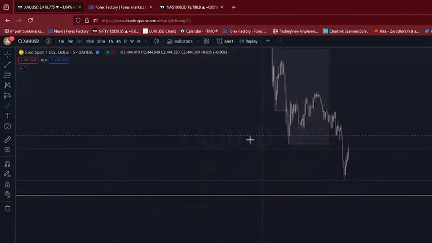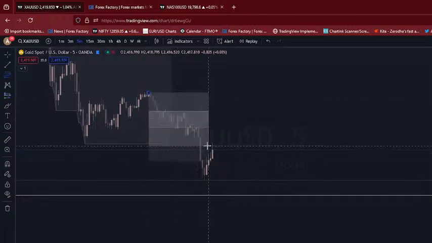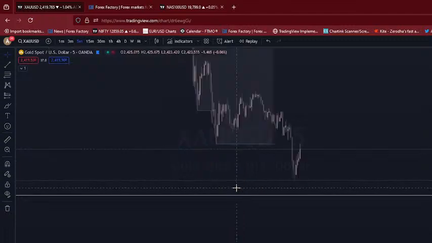On the 5 minute, if you consider this as an impulse move and this as a demand zone, you could see the retracement to this level only, not this level.